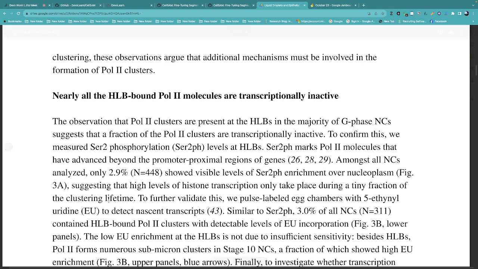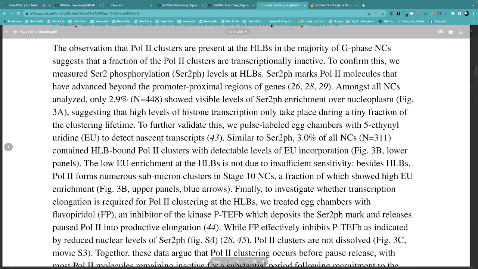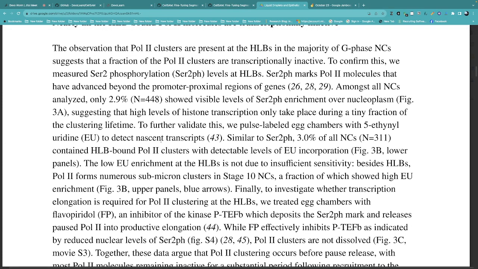So these clusters are there for, maybe it's a probabilistic thing where you need to have a lot of them, but only a small fraction of them are transcriptionally active. Or maybe you need to have the structural integrity to transport these things to the proper locations, or maybe they serve other functions in other cases.